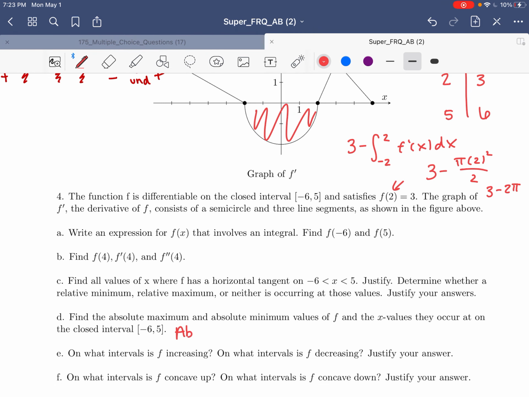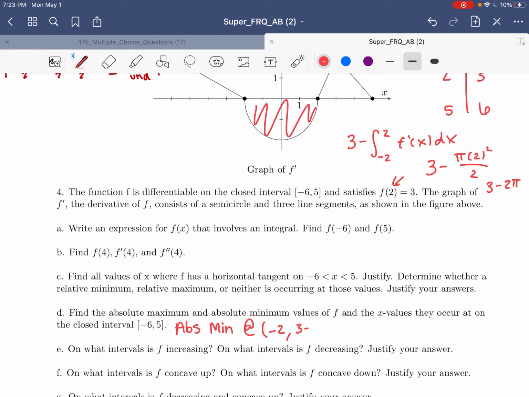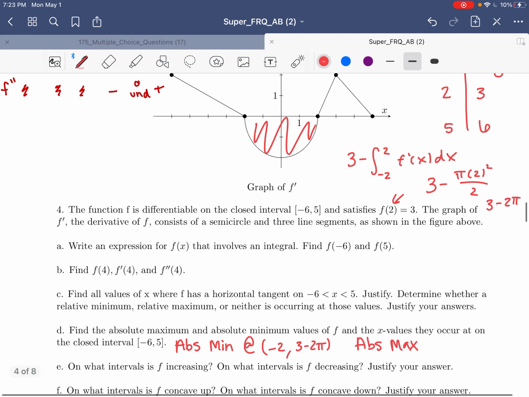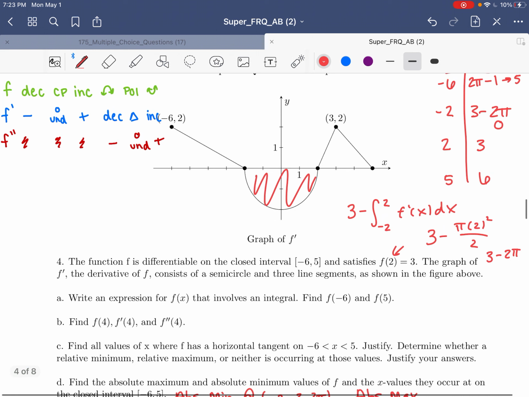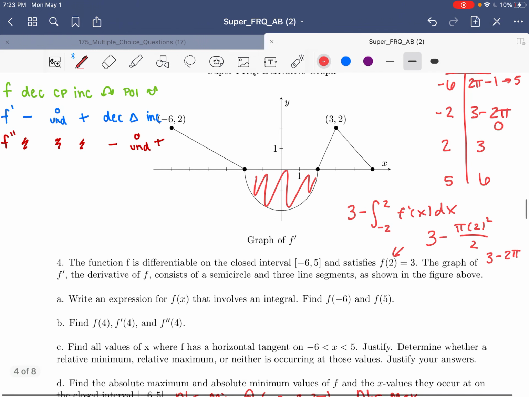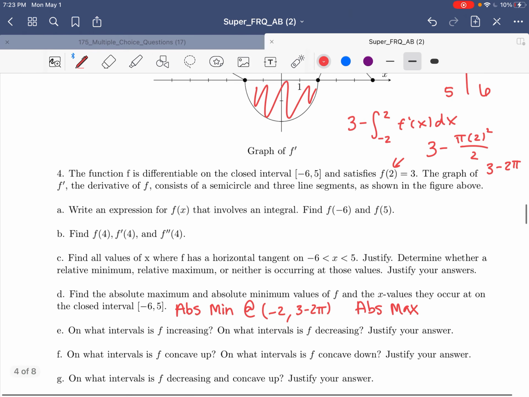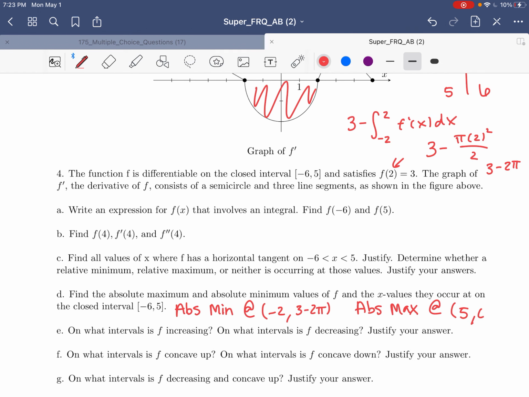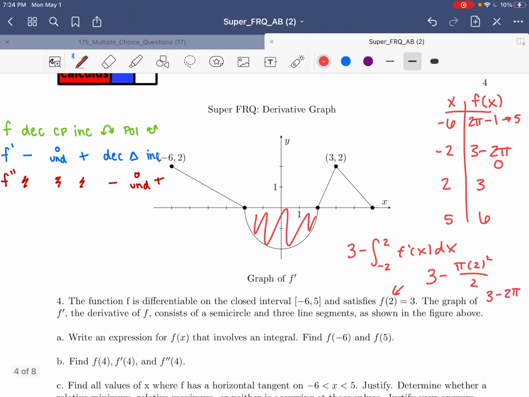So we can say that we have an absolute min at the point negative 2, 3 minus 2 pi. And we have an absolute max at the point, sorry, 5, 6. Because we just take the smallest y value and the biggest y value.